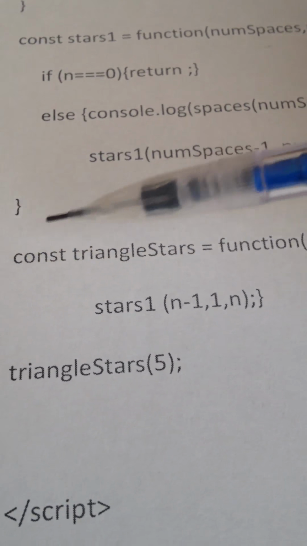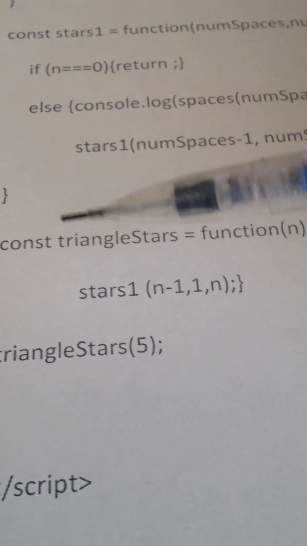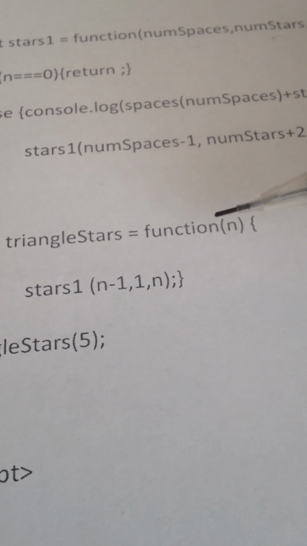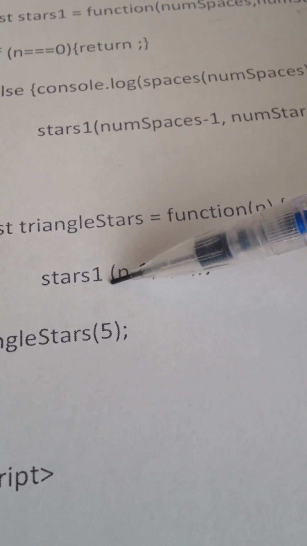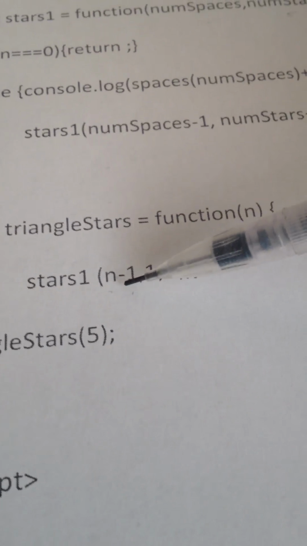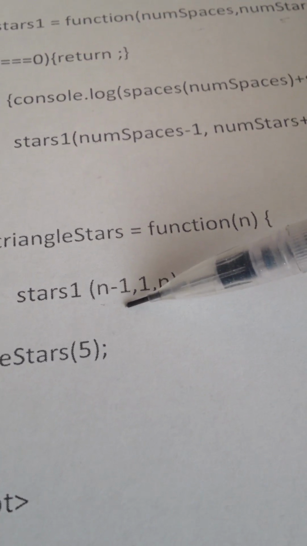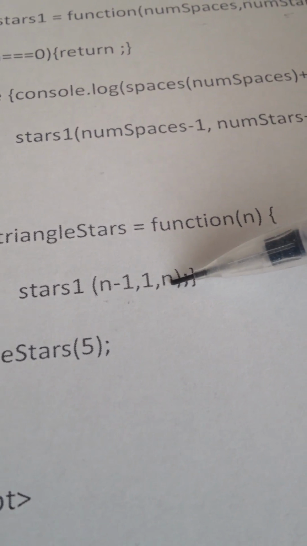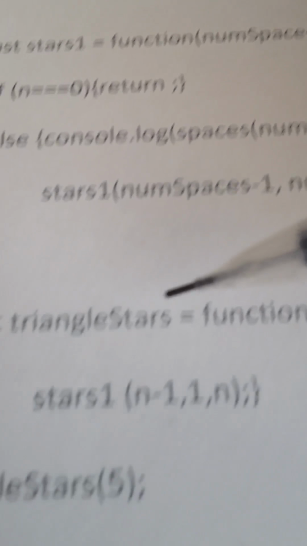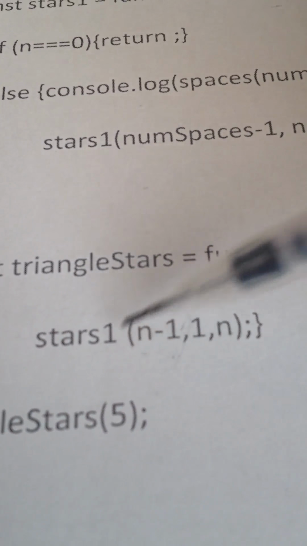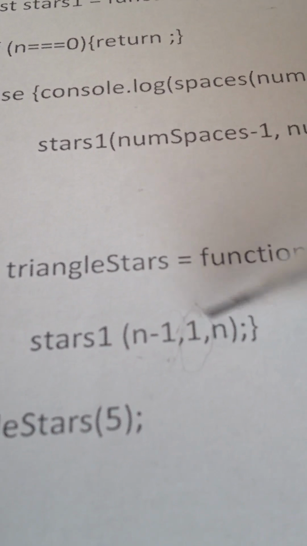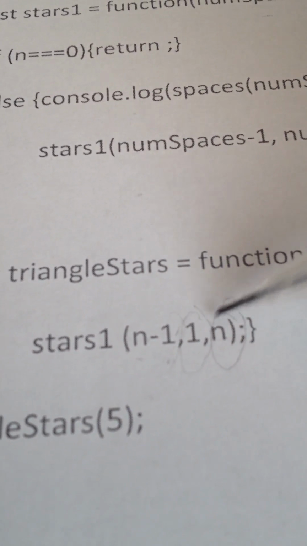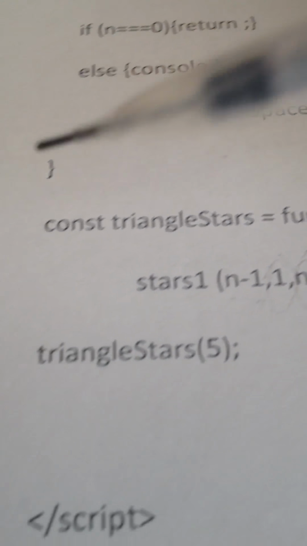So we are creating the last function, let's say, the triangle stars, which is going to return the stars1 function, with n-1, 1, and n. So because here we have 4 spaces and 1 star, firstly we're going to run the stars1 function with 4 spaces, 1 star, and 5 lines. 5 is the height, of course.